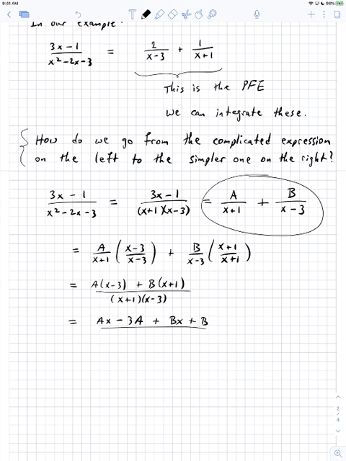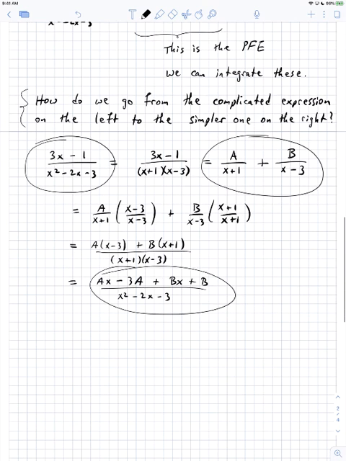And on the denominator, if we multiply this out, it's x squared minus 2x minus 3. Now we know that whatever this is, it must be equal to the thing that we started with. Now these are two rational functions, and they have the same denominator. So that means they must have the same numerator as well.